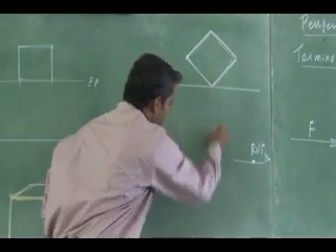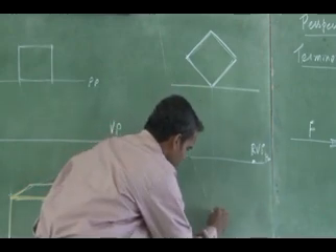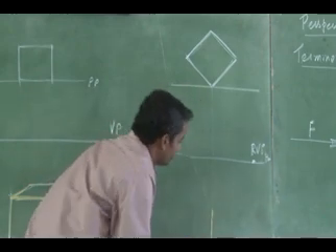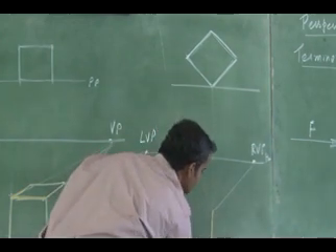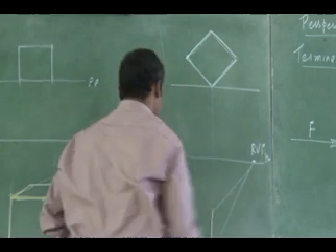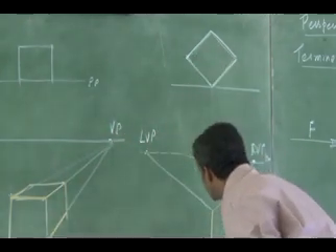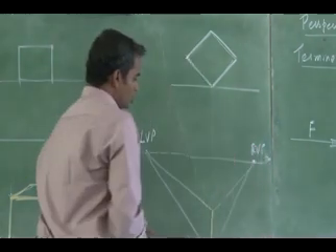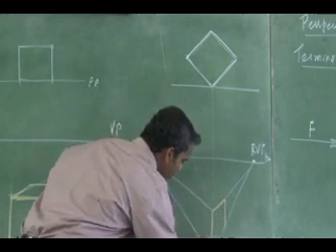So how will I have the perspective for this? You can see it is different. These faces will vanish to this, and these faces will vanish to this. So I will have my perspective view.